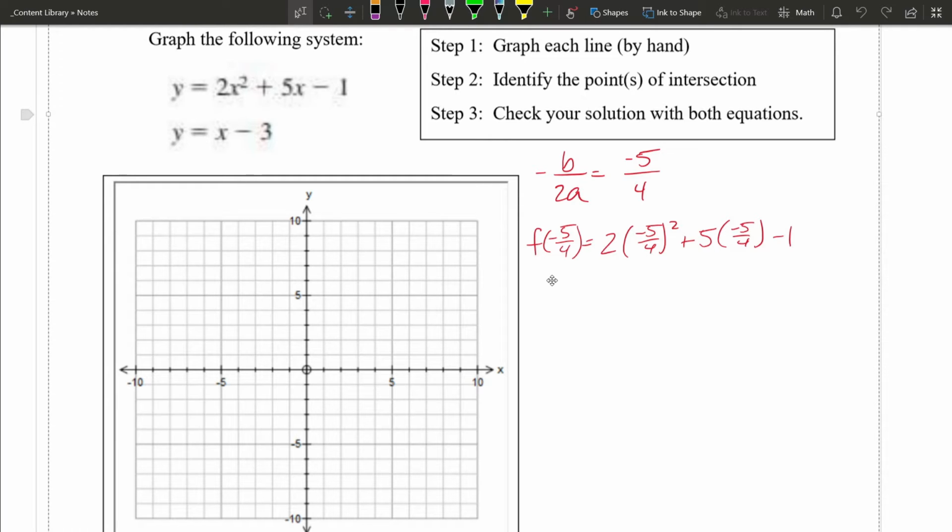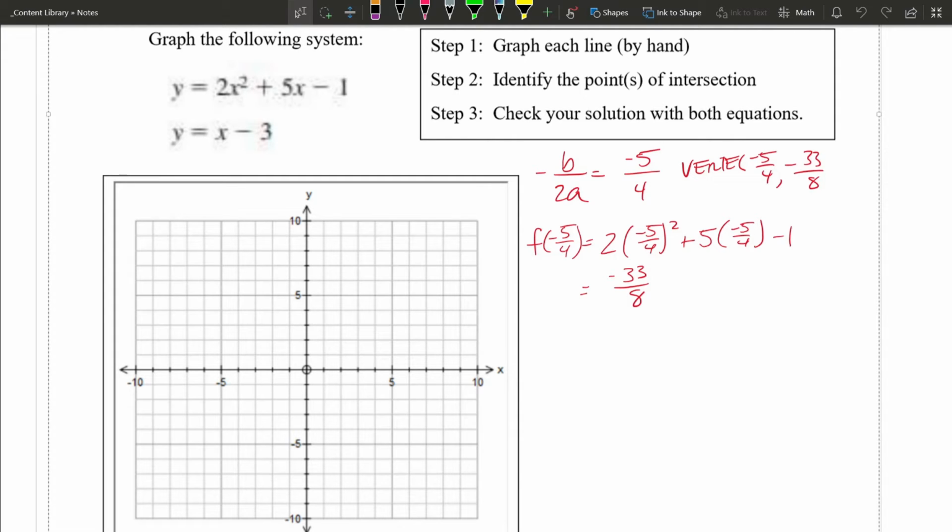So negative 33 over 8 is what I get. I believe that is the answer. We're going to see how good my mental math was in a second. So in theory, my vertex is negative 5 fourths, negative 33 eighths.